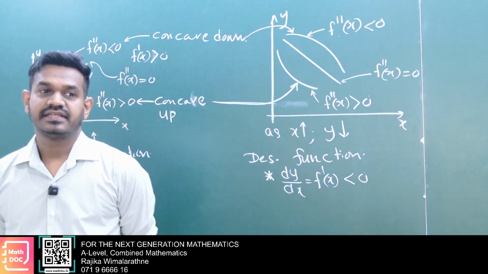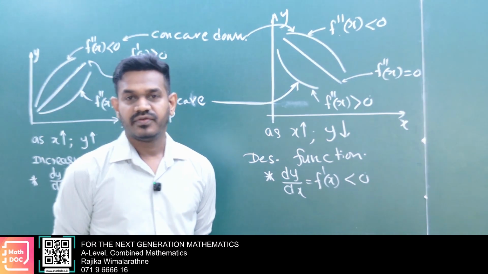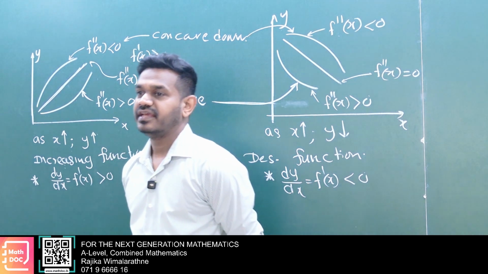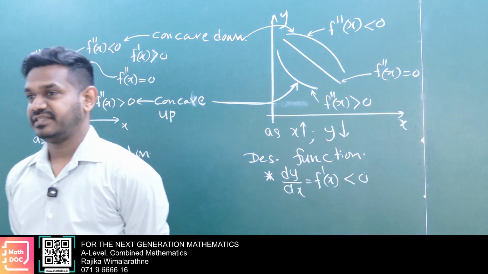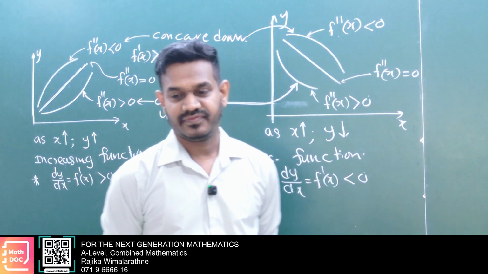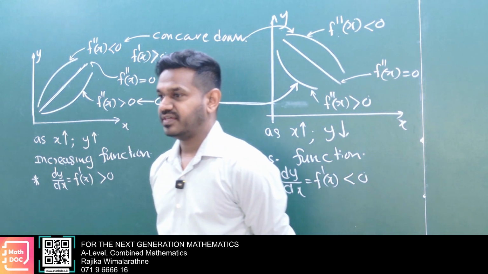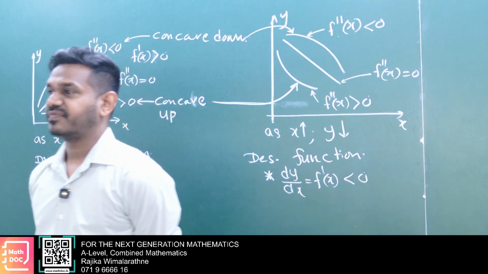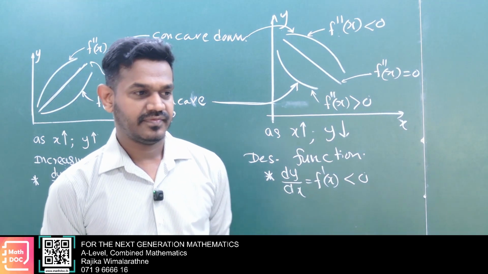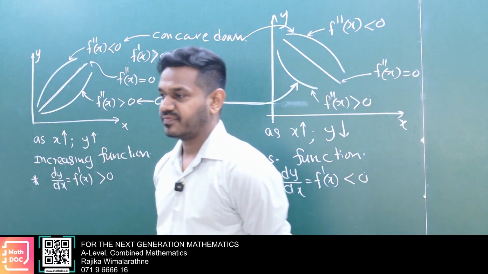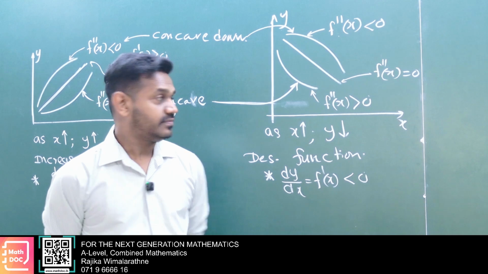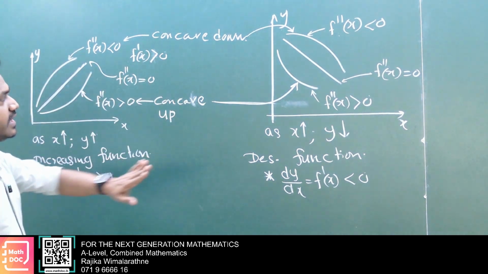When dy by dx is less than 0, then the function is a decreasing function. Okay, now sketch all and write them.